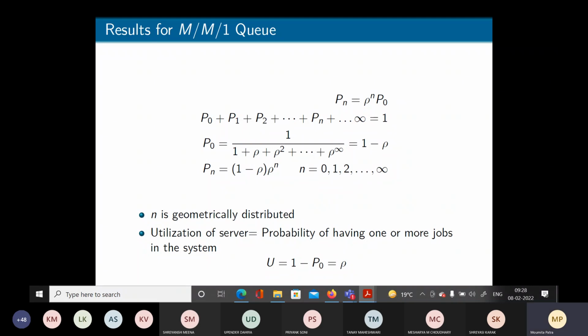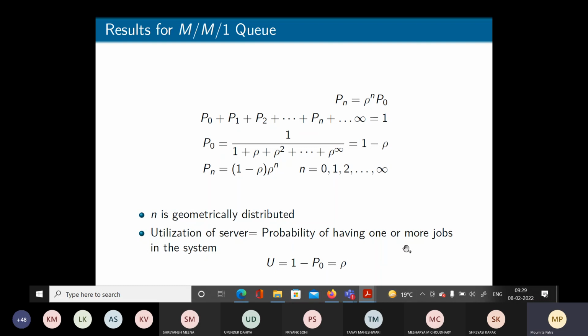Yesterday when I showed you the analysis, I had shown you a graph where, as lambda by mu was tending towards 1, the waiting time was becoming much higher. So for a queue in a steady state, lambda should be less than mu. That's what we had seen with the graphical representation.